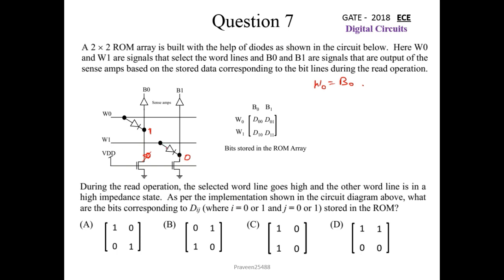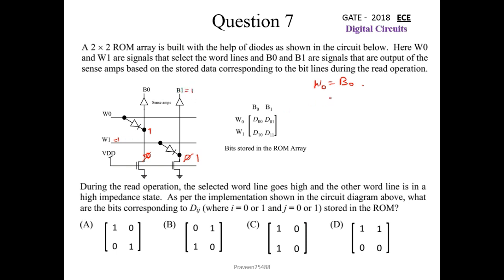Similarly for W1 we'll check that if W1 is 1, then this diode will be on, and it will change the state of this point from 0 to 1. That 1 would be sensed by this amplifier, and now B1 would be 1 here.